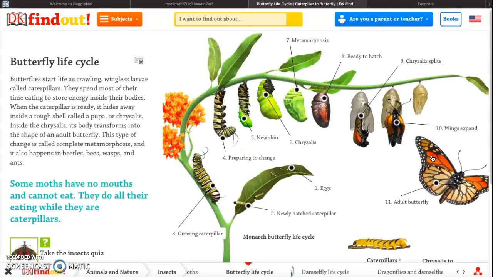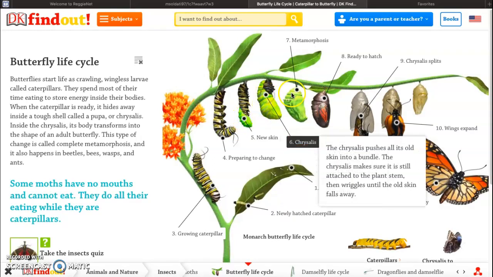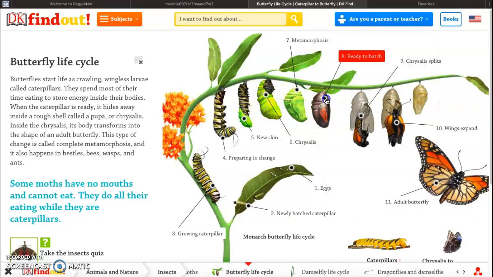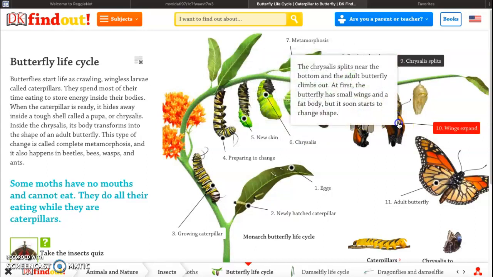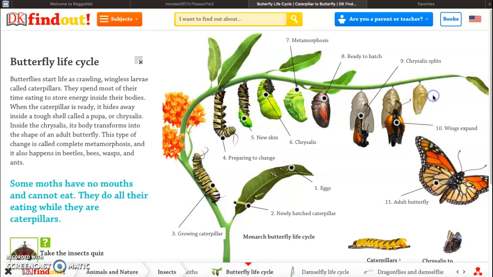It's loading for you. It's about the life cycle, obviously, but it allows students to click and read new facts on the butterfly life cycle. It's more extensive than what we're going to learn, but they can talk about the adult butterfly.